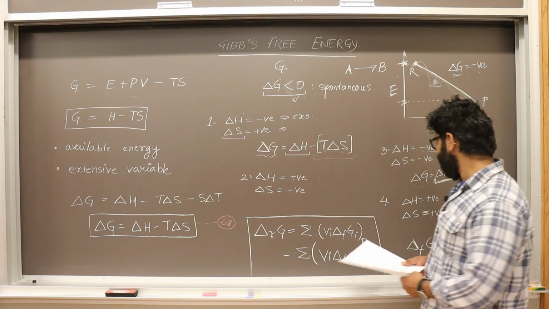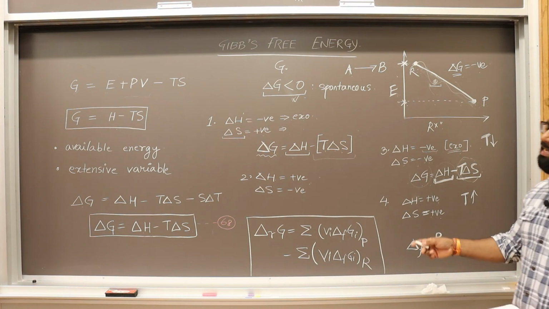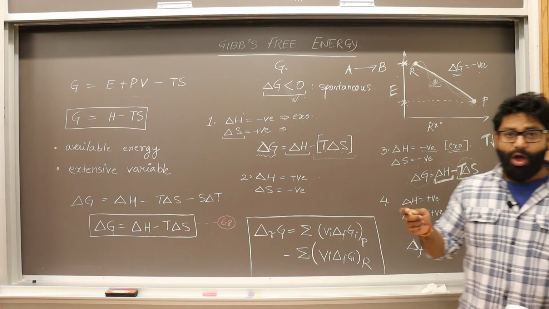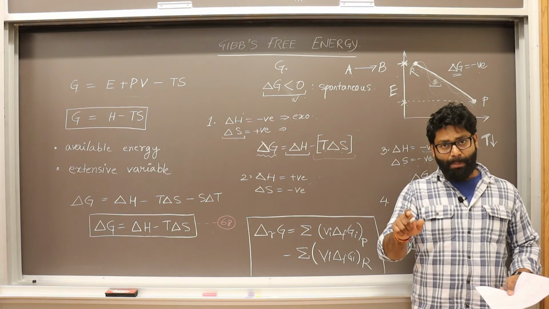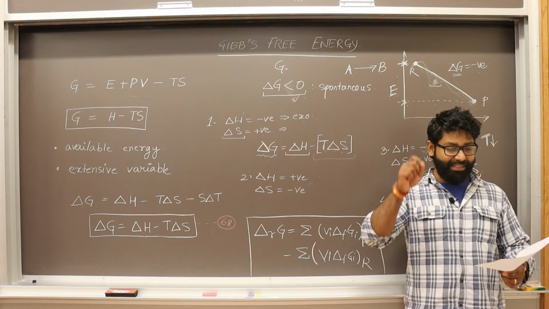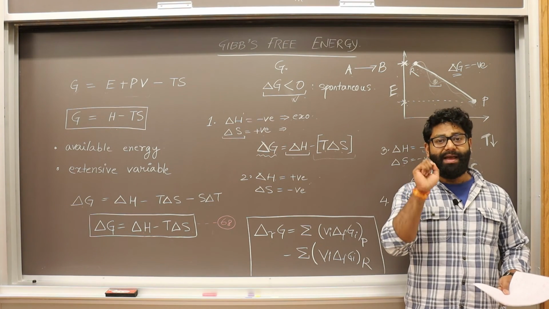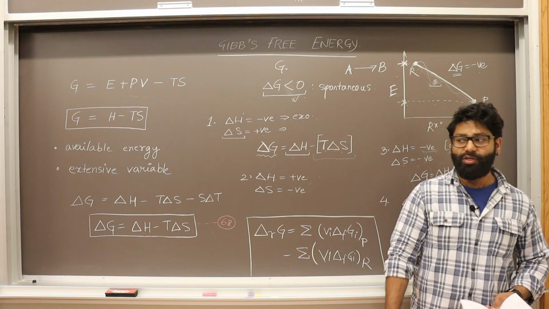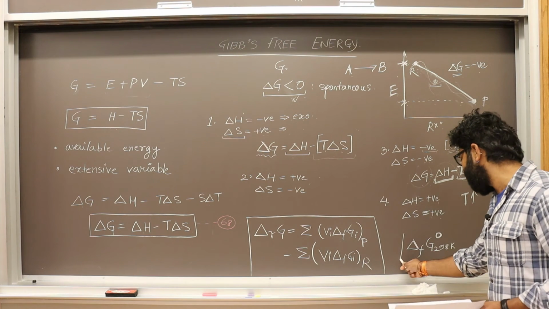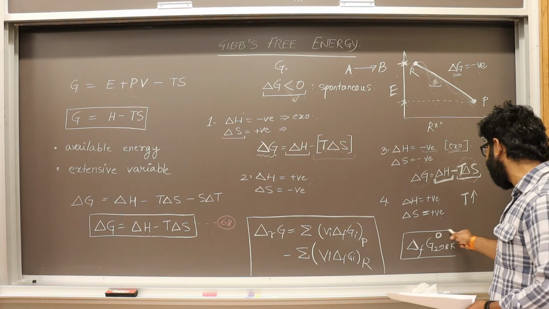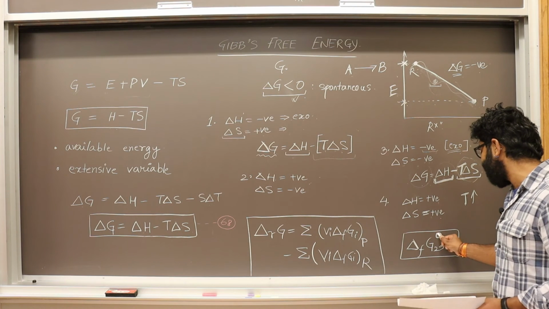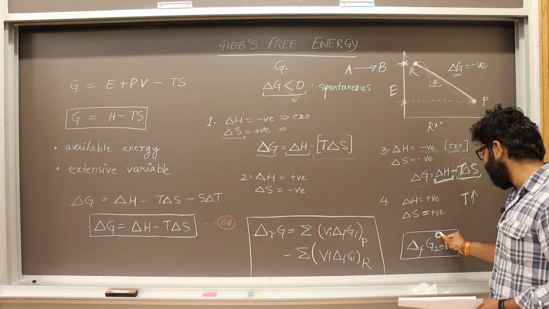In this case, similarly, the delta G of formation of any element in its reference state will automatically become 0, right? So in here, this is how we represent the standard delta G of formation, the standard being represented by this symbol, right?